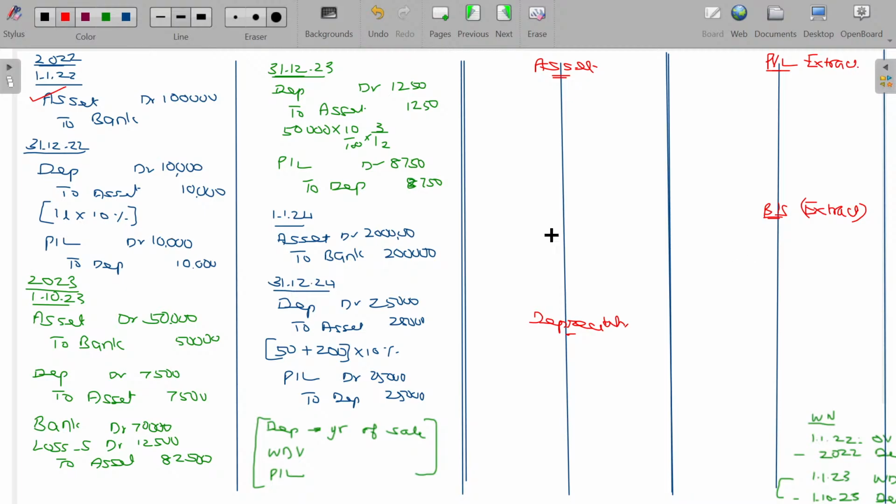Clear? I'll now start posting that asset to bank on which date 11/22 to bank. For making the presentation simpler, I just skipped posting the dates here, means date of transaction is not recorded. 1 lakh first year. And depreciation to asset.